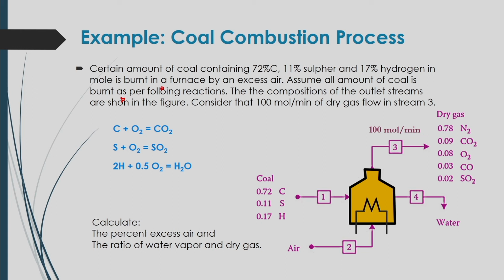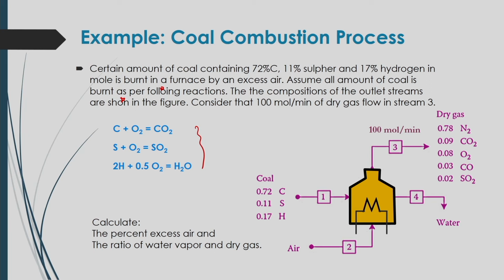In this case coal contains carbon, sulfur and hydrogen, and if you burn this coal there will be a combustion reaction. The combustion reaction can be represented by these equations: carbon is oxidized and gives carbon dioxide, sulfur is oxidized and gives sulfur dioxide, and hydrogen is converted to water.